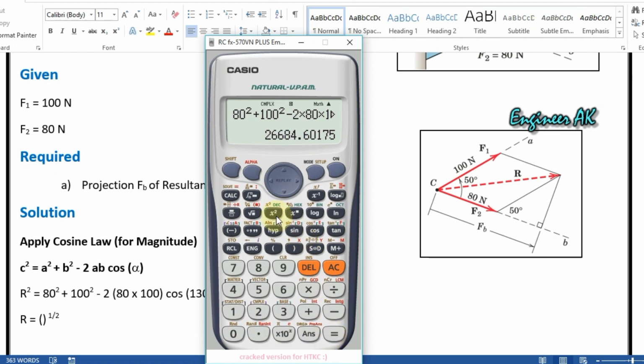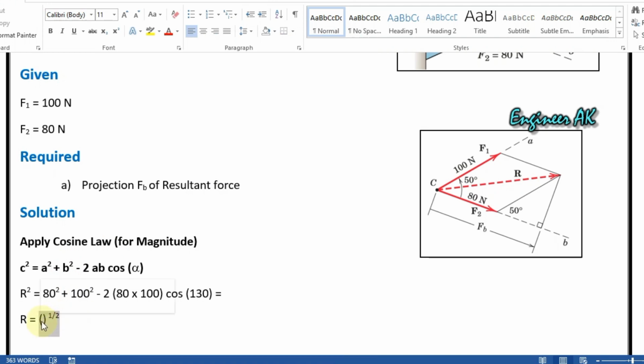If I take the square root of it, it gives me 163.35, or I can write it as 163.4 Newton. So we have found this R.